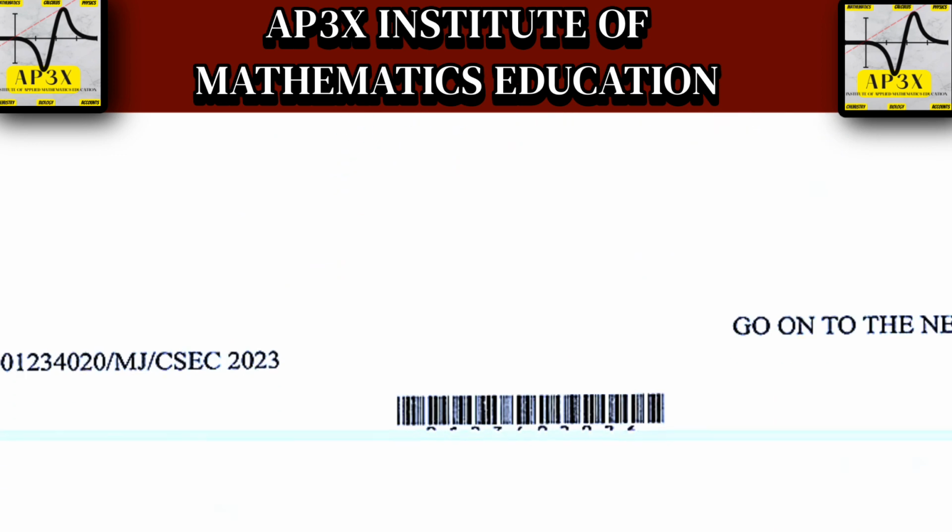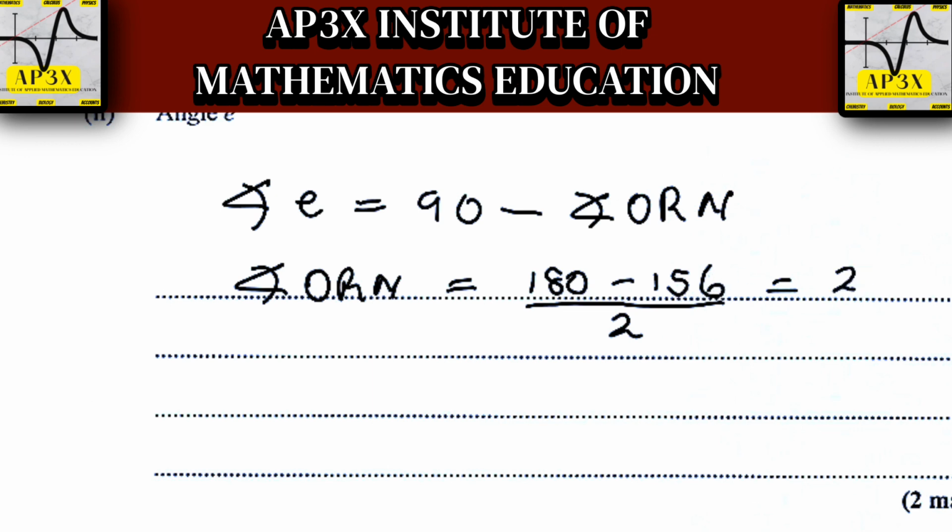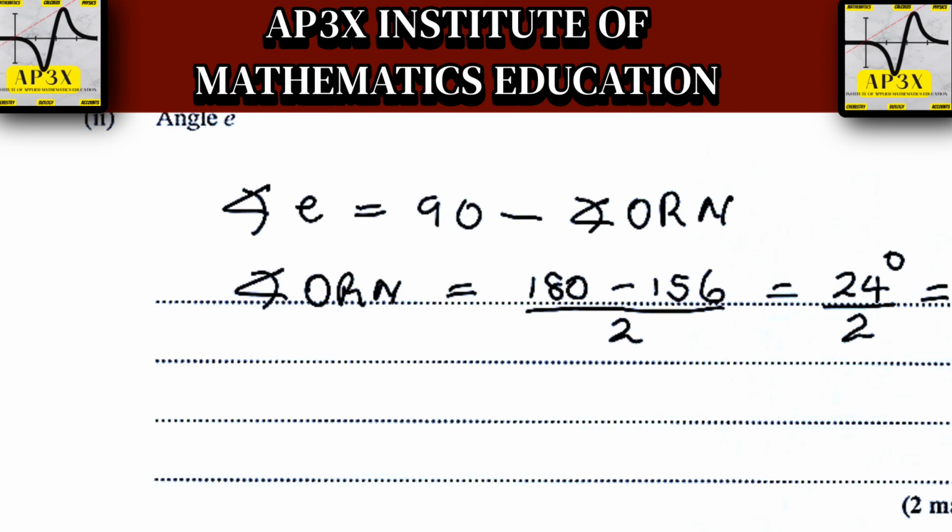So angle ORN is equal to 180 minus 156, divided by 2. So 180 minus 156 is equal to 24 degrees, and if I divide that by 2, those two little green angles that I've shaded are in fact equal to 12 degrees.